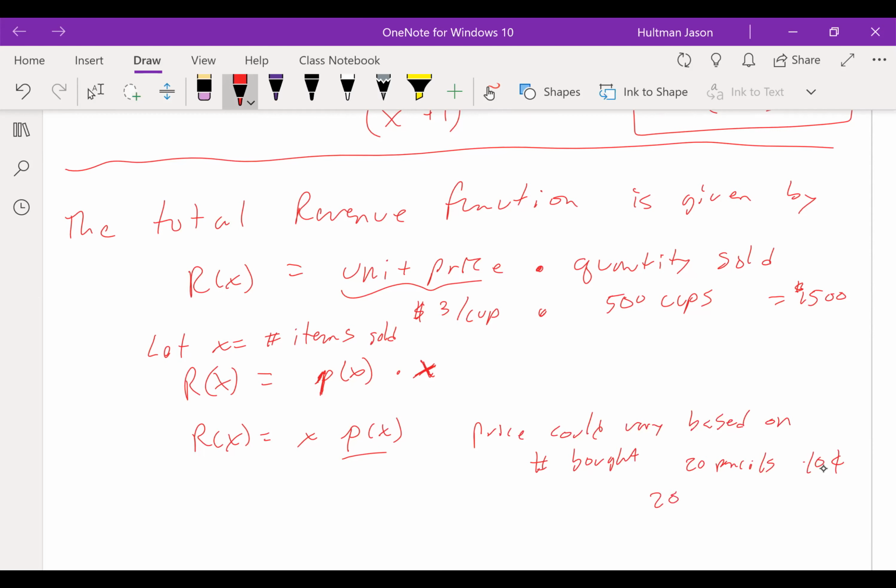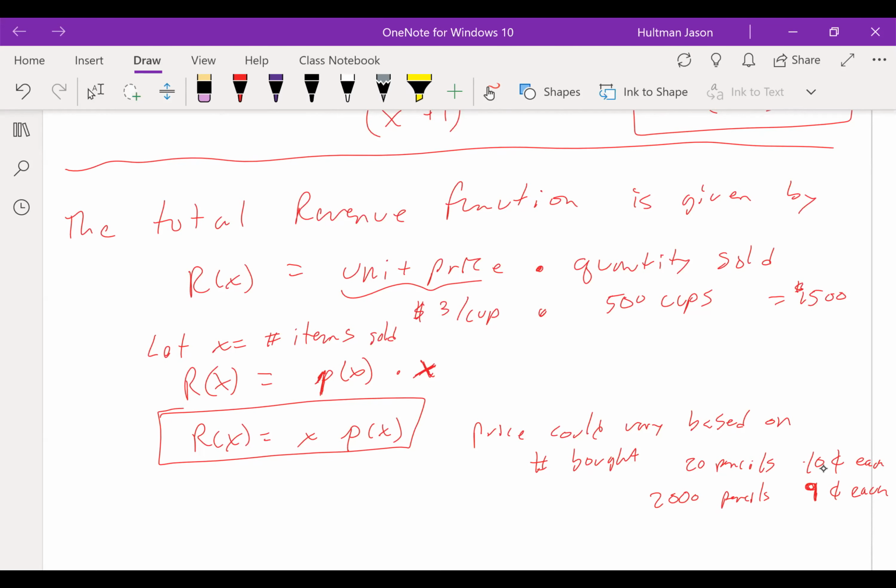But if I buy 2,000 pencils, then maybe each pencil is 1 cent, or maybe 9 cents, I don't know. They're going to give me some sort of discount for buying more. They don't have to, but generally that's the case. So this is called the revenue function.